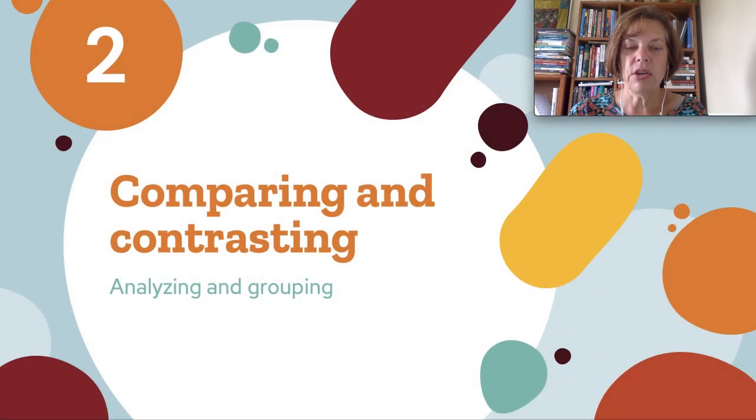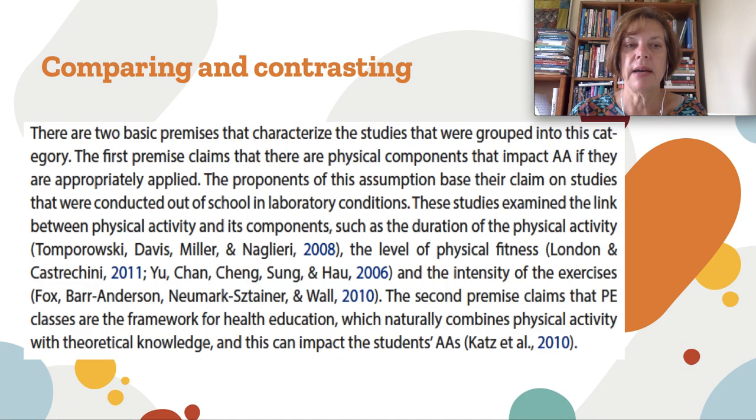So I want to look at comparing and contrasting now. And this is what they said in the paper. There are two basic premises that characterize the studies that were grouped in this category. So now they're looking at one of their three categories, and they can come up with these two differences in approaching their particular topic.